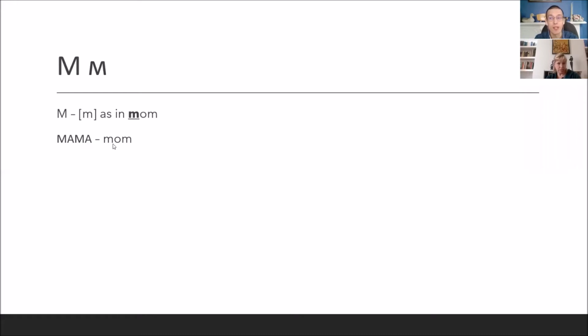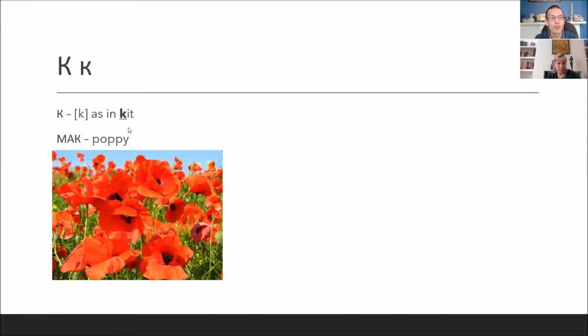Mama, which means mom. Now there is letter K, which represents sound K. K as in kit. K. And there is a word mak. Could you please repeat? Mak, which means poppy. This flower as on this picture.